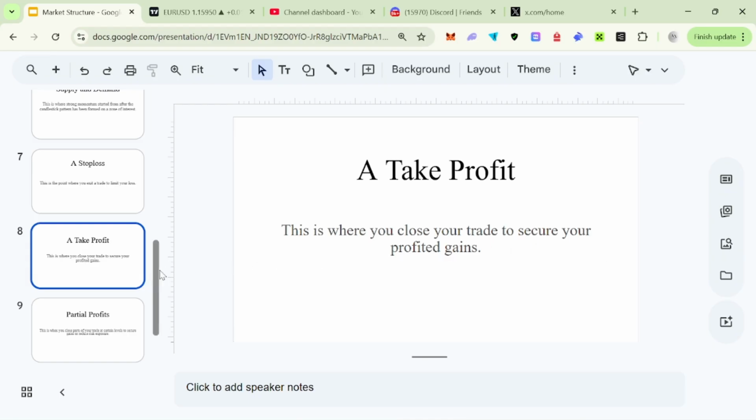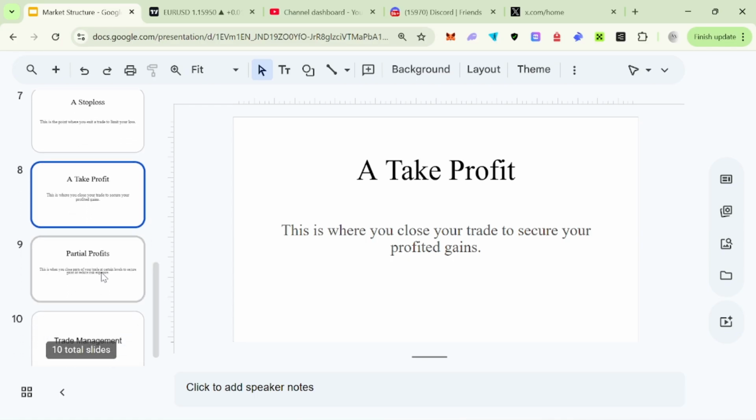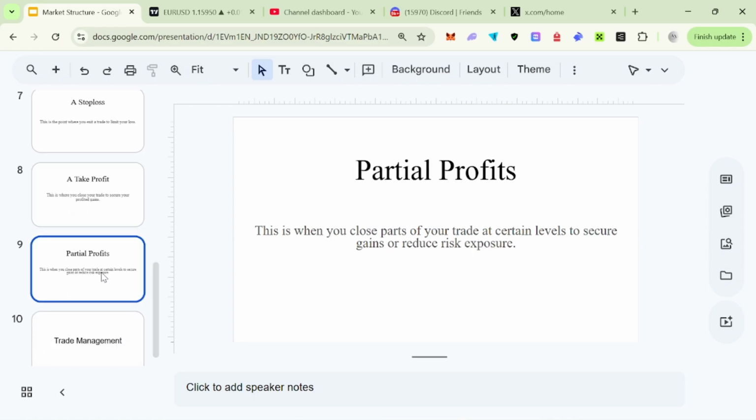So they are basically the opposite of each other. And then we also spoke about how you can close partial profits rather than letting your ego decide and waiting for price to hit your final target. This is when you close parts of your trade at certain levels to secure gains or reduce risk exposure.